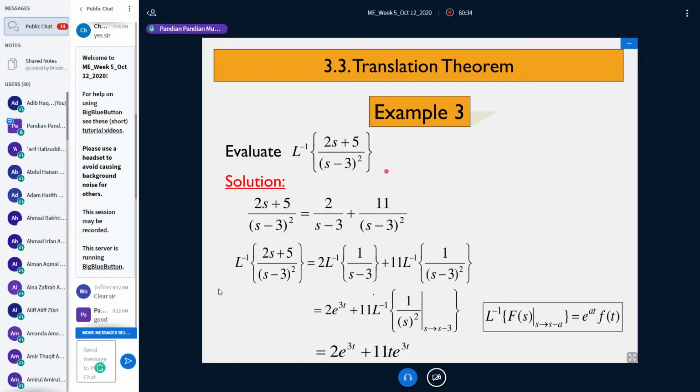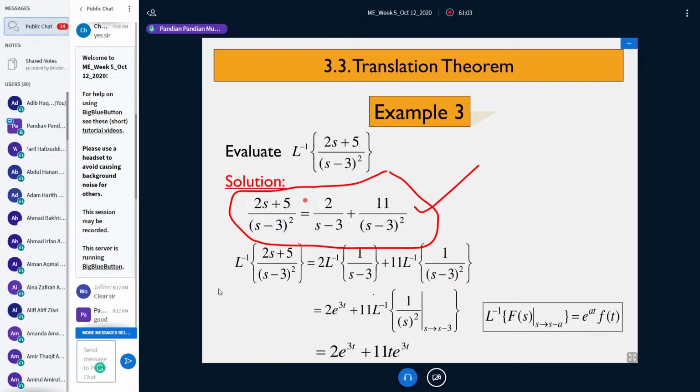One may ask, how do you get this? Please check, this is already done by using formula number 2, table 3.2, slide number 14. Take note. So A over s minus 3 plus B over (s minus 3) squared.